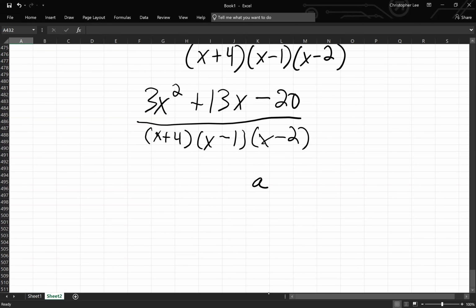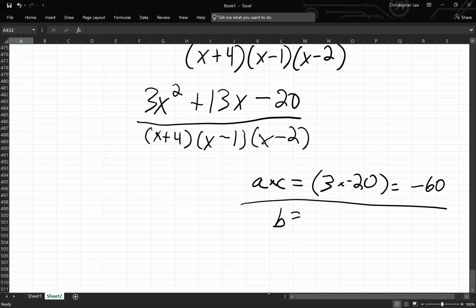A times C is equal to 3 times negative 20, which is equal to negative 60. And my B term is 13. So I need two numbers that when I multiply will give me negative 60, and when I add them together will give me a positive 13.